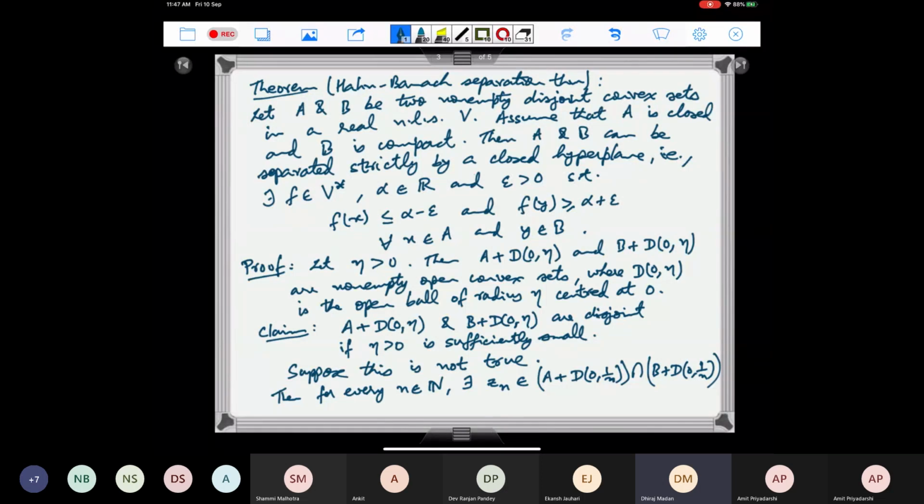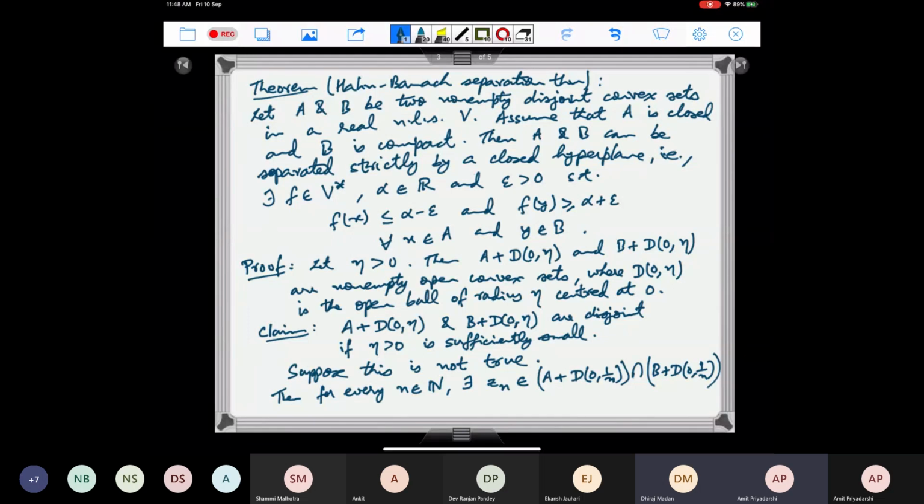So for every y in A complement, I can choose a radius eta y such that the ball D y eta y is a subset of A complement itself. And now since B is also a subset of A complement, these open balls cover B, and since B is compact, I can choose a finite subcover of these open balls, and then suppose I choose n such balls, then I can take that eta to be the min of eta 1 up to eta n.